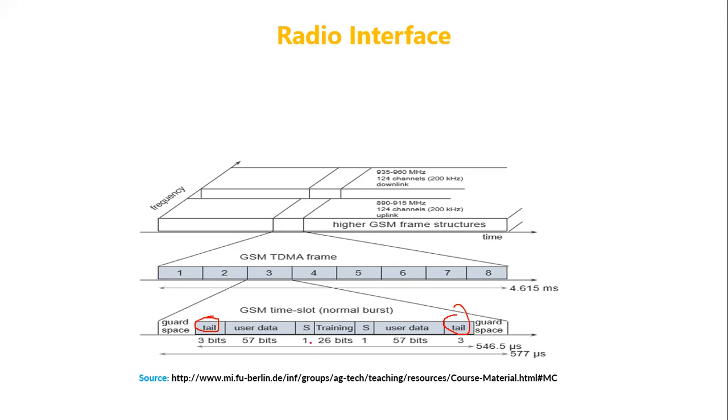Okay, and there is a training sequence in the middle, which occupies 26 bits. The purpose of this training sequence is to adapt the parameters of the receiver to the current path propagation characteristics, and to select the strongest signal in case of multi-path propagation. Already we have discussed that in a wireless channel there are a lot of chances for multi-path propagation.